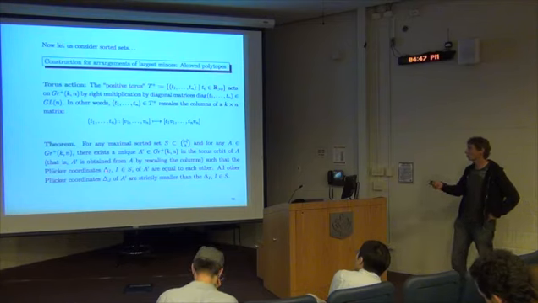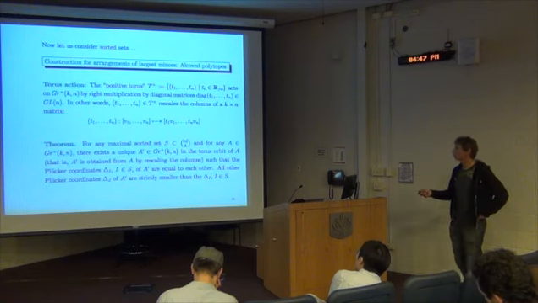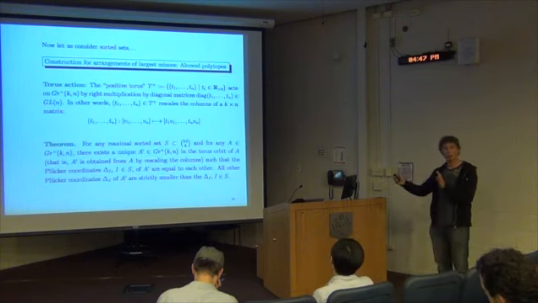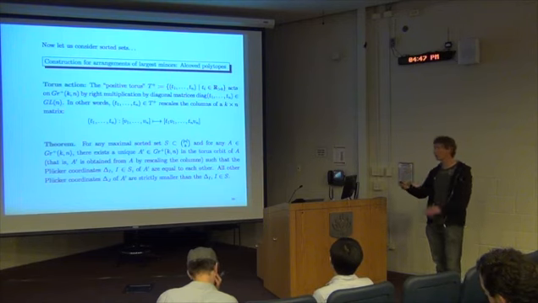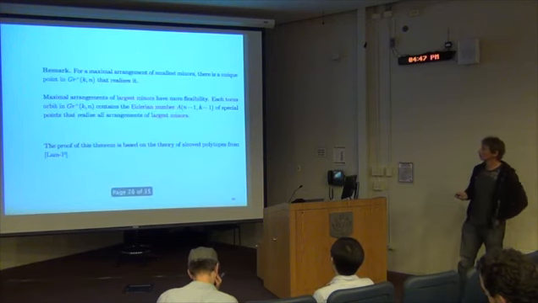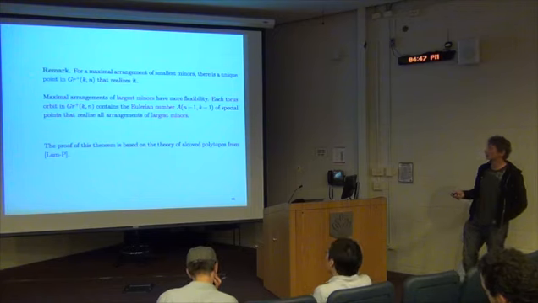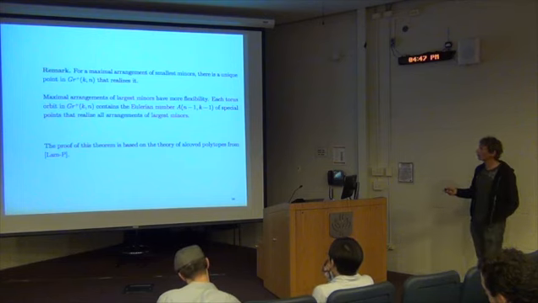So for any maximal sorted set, we can find a matrix: just start from any matrix, rescale columns in some way, and we can get it. Here is a remark: for maximal smallest minors, there is a unique point in the Grassmannian that realizes it.